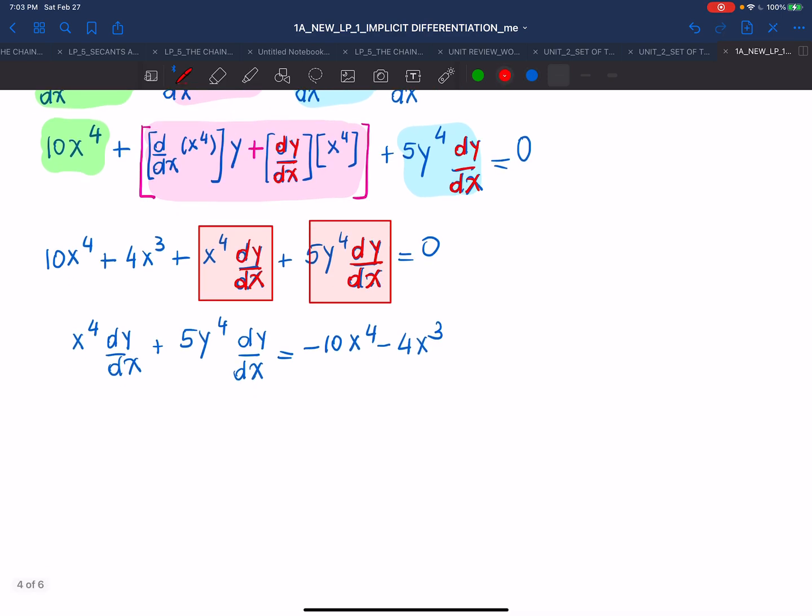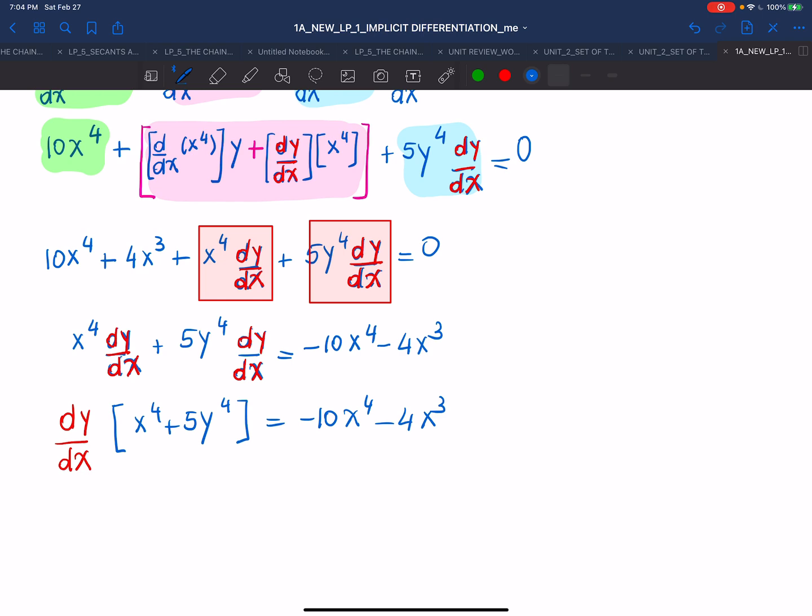So now we're going to keep an eye again on our variable, and in order to solve for dy dx, remember that these are not like terms, because you can look at x to the 4 and 5y to the power of 4 as their coefficients. They're not like terms, right? So we're going to solve by factoring out dy dx. So x to the 4 plus 5y to the power 4 equals negative 10x to the 4 minus 4x to the power of 3.